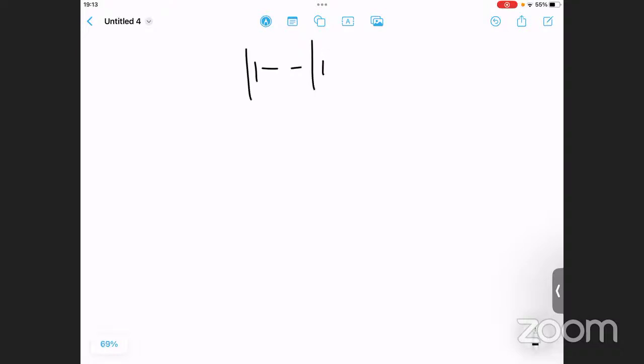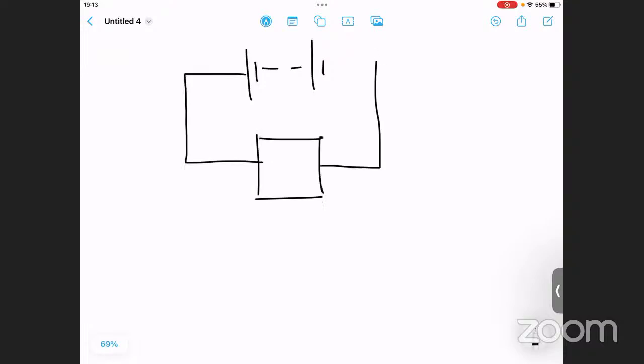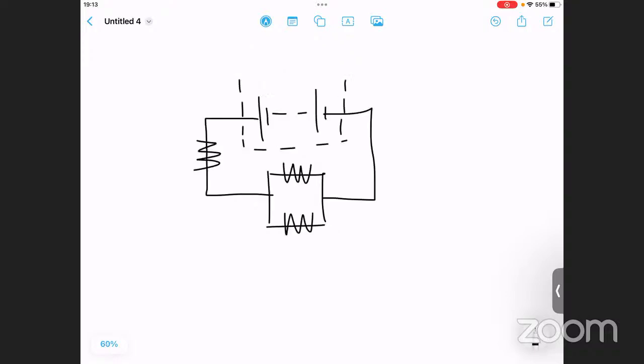I will have a drawing, something similar to that. Let's have a resistor there, another resistor there, and another one there. I will need you guys to participate on this one.